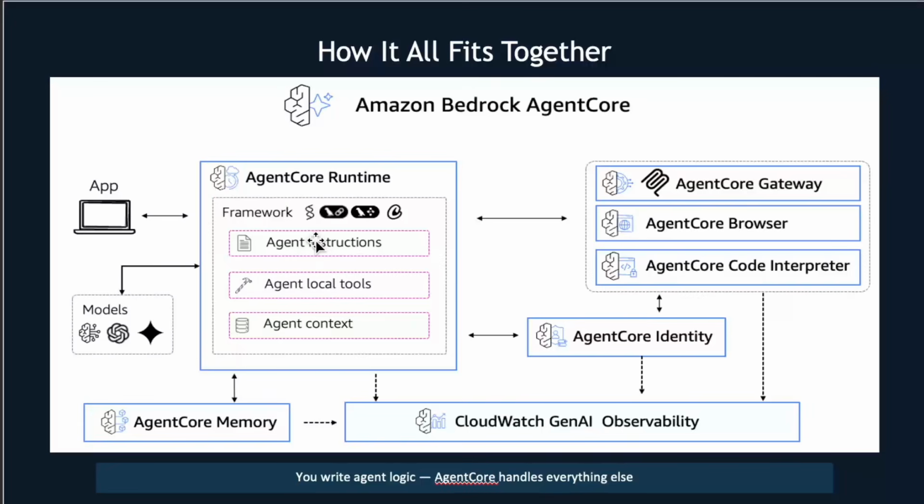Now the agent reasons about the question that has been asked and decides if it needs more information. If it requires more information, it goes to AgentCore Gateway, which discovers the right tool. And AgentCore Policy intercepts and verifies whether this agent is allowed to access this customer's data or not.